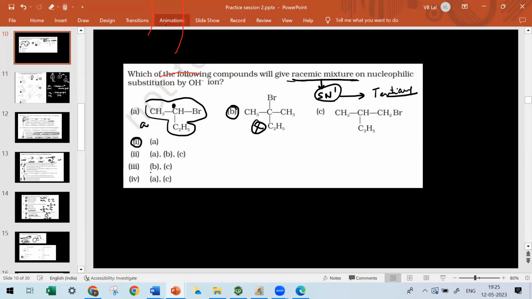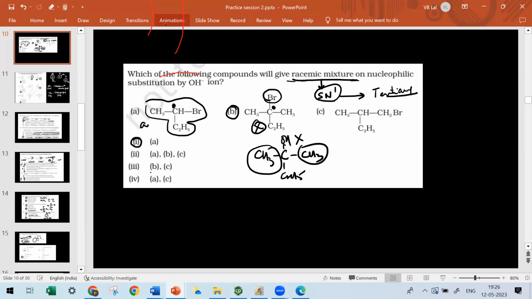Okay, Vaishnavi, why will this not undergo racemization? Even if it undergoes racemization, your product is not optically active, right? What will be the product? Your product will be CH3, C, CH3, and C2H5 and OH. So the product is not optically active.